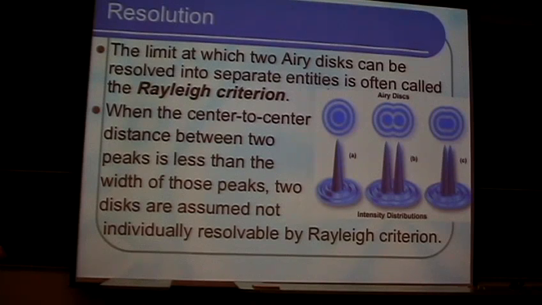In order to determine the resolution, we often use the so-called Rayleigh criterion, which tells us that when the center-to-center distance between the two peaks is less than the width of those peaks, the two peaks are assumed to be indistinguishable, and therefore they cannot be resolved.